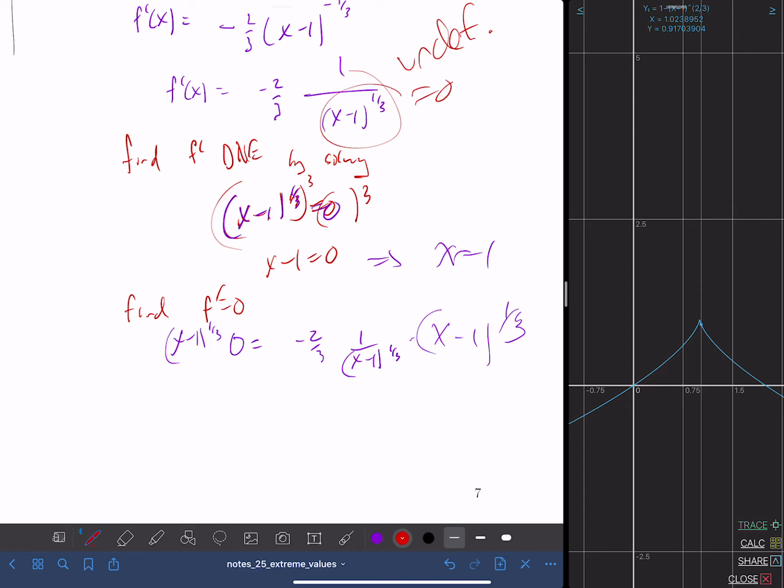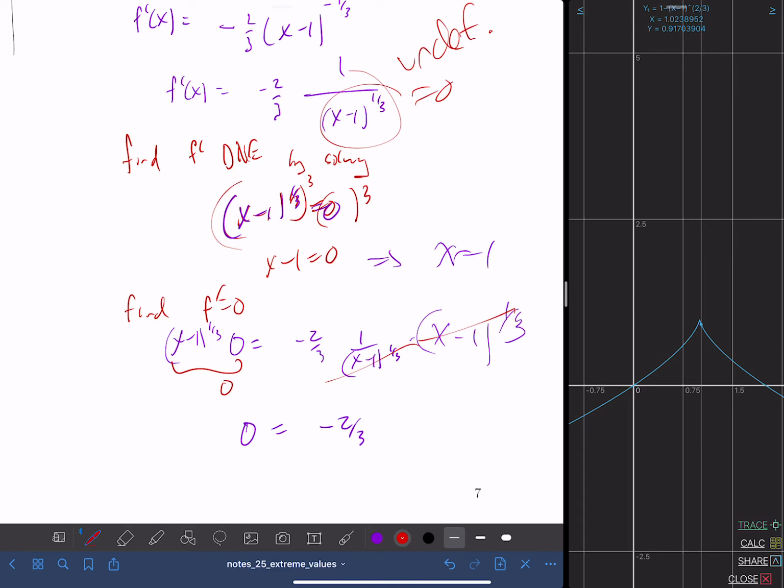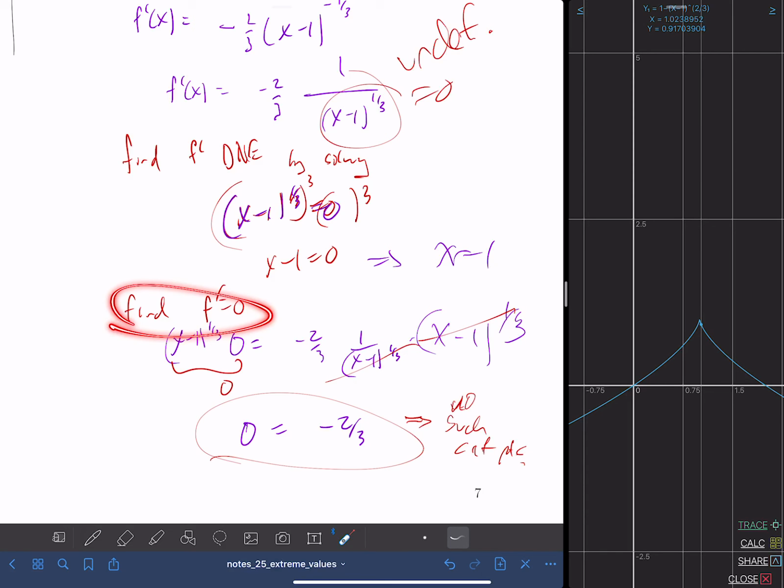On the left-hand side, we'll still have 0, but these ones are going to cancel. And we'll find that 0 equals minus 2/3. Okay, so that's an absurd statement, but that's okay. What that's telling us is that there are no such critical points. There are no points where f prime equals 0.